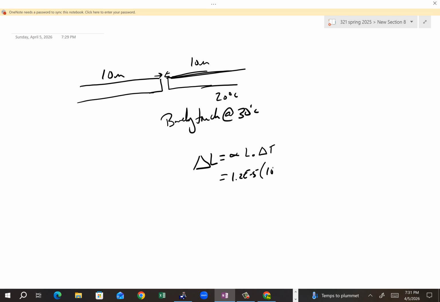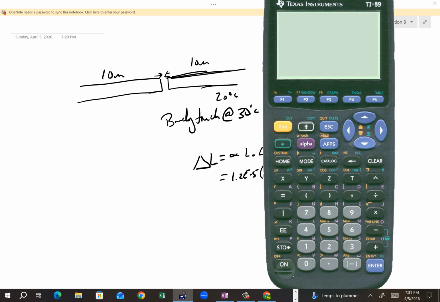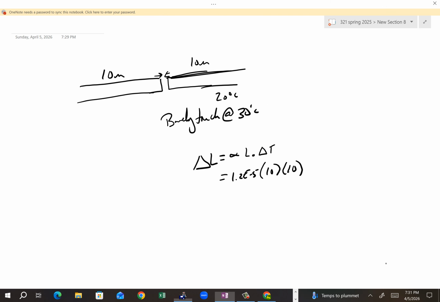The original length is 10, and the change in T is also 10. So that's about a millimeter, so about 2.5 millimeters apart, because you double that since each one is going to grow. If you do that, you're good to go.